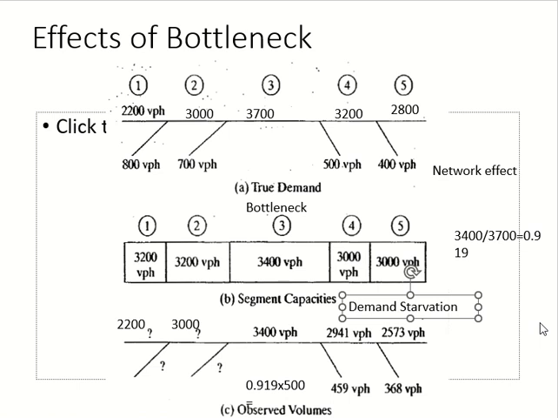Why did this happen? Because of a bottleneck, because of a breakdown. Clear? So after the bottleneck, after the breakdown, this happens. You have demand starvation, which is actually good, because the flow becomes better in the other segments.